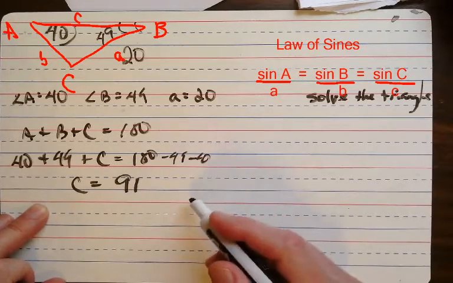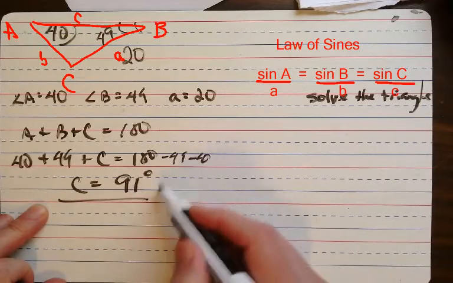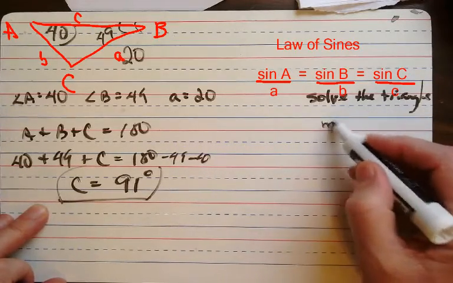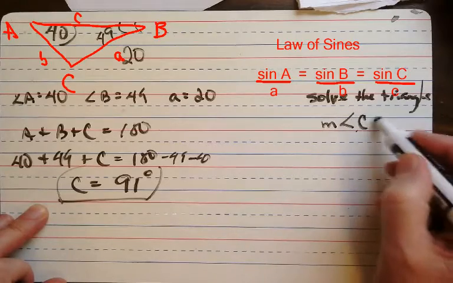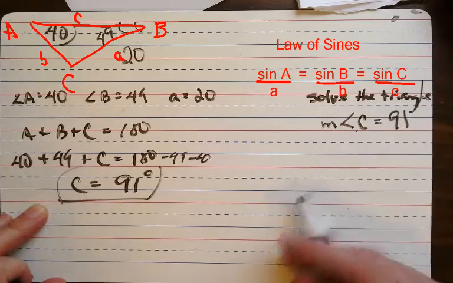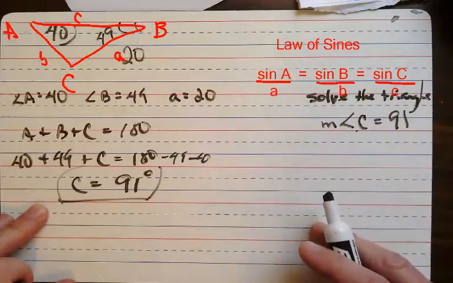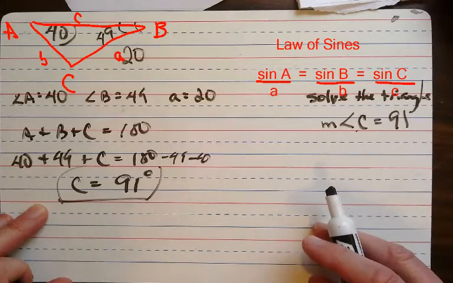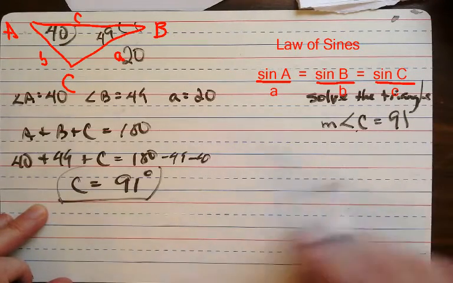I think so. Yeah, so that's how big angle C is. I know what it is, 91. So it's not a right triangle, because a right angle would have to be exactly 90. So you can't use the rules that we had last week.